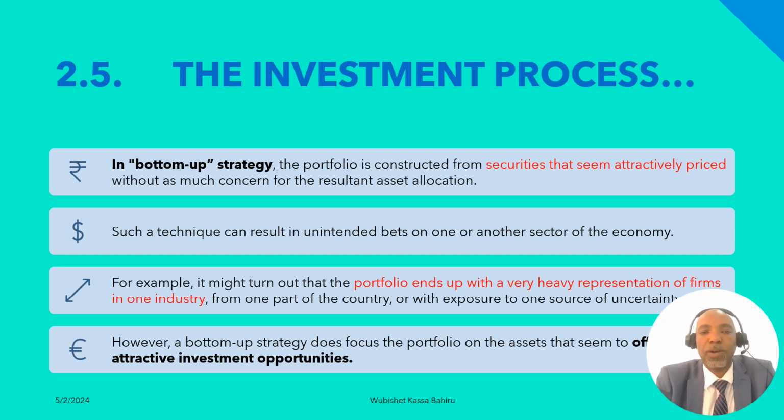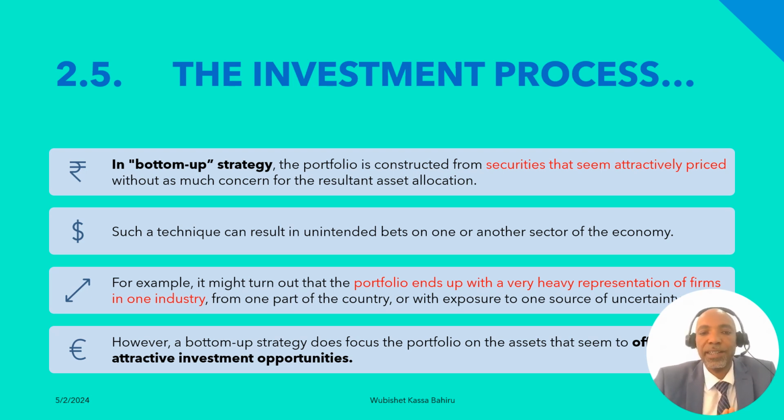In the bottom-up strategy, the portfolio is constructed from the securities that seem attractively priced, without as much concern for the resultant asset allocation. Such a technique can result in unintended bets on one or another sector of the economy.